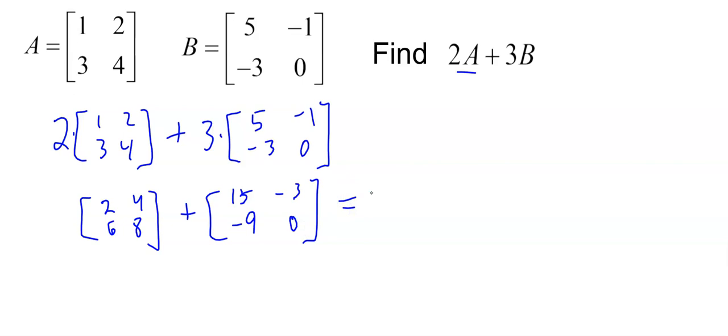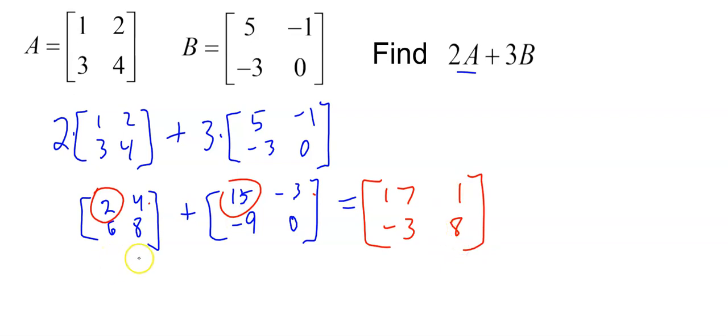You just distributed the 3 and the 2 there. So now we're going to add up the different spots, like the top left and the top left. In the resulting matrix, 2 plus 15 is 17. The top right is 4 and -3, so that would be 1. 6 and -9 is -3. And 8 plus 0 is 8. And so again, we added a 2 by 2 plus a 2 by 2.